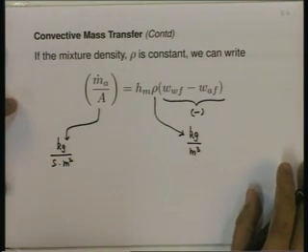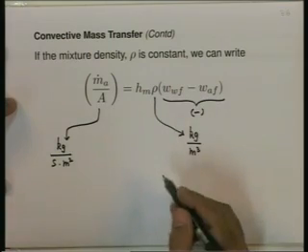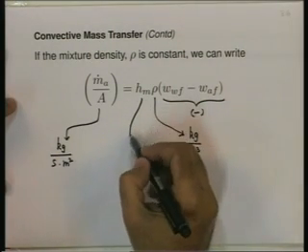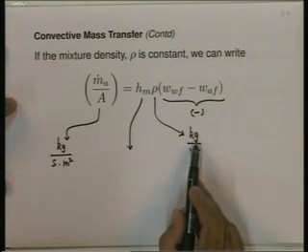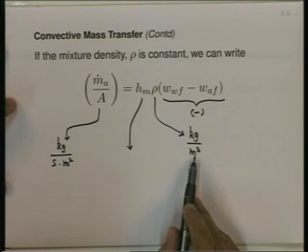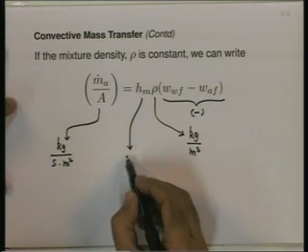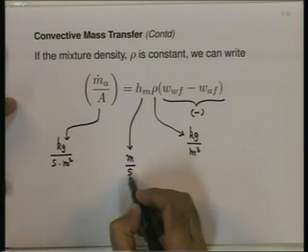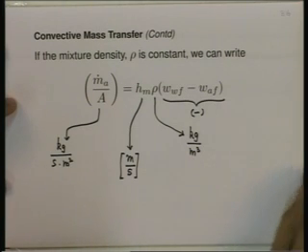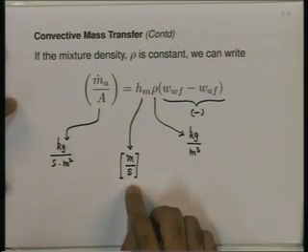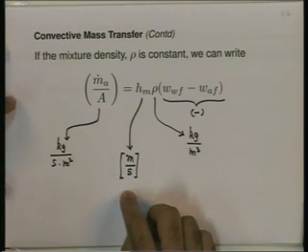So, kg per second meter square or kg per meter square second. Since the equation has to be dimensionally homogeneous, Hm will have, there is a kg common on either side, there is a meter square in the denominator of either side. So, you will have here the required units for Hm to be meters per second. It is interesting to note that the units for the mass transfer coefficient are also the units for speed or velocity.